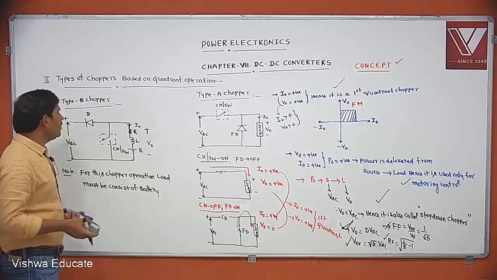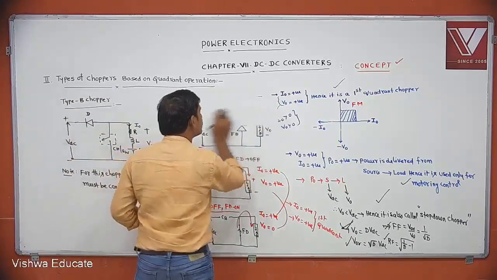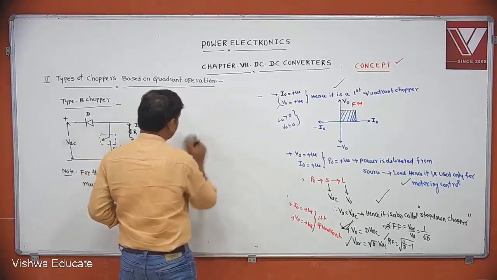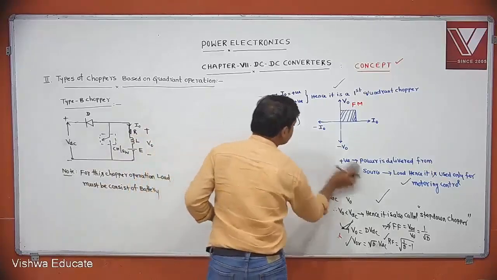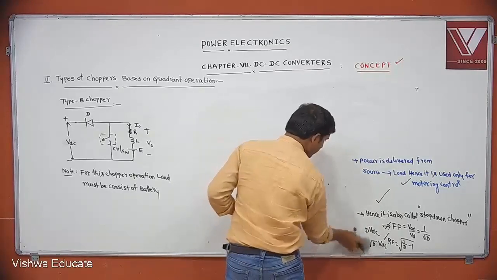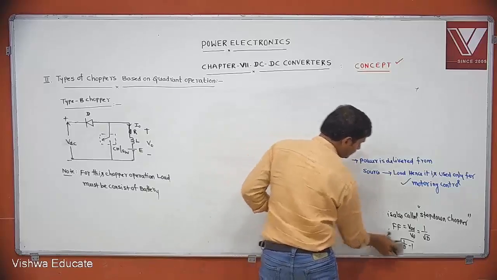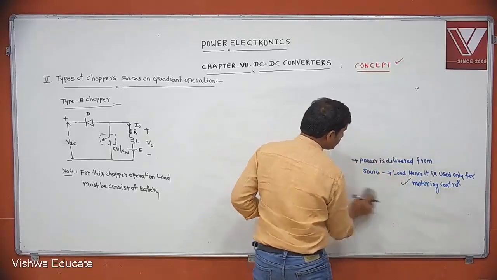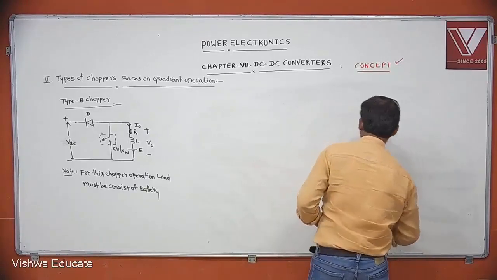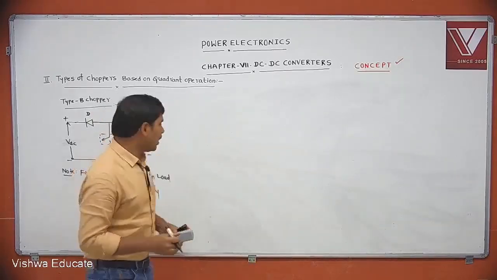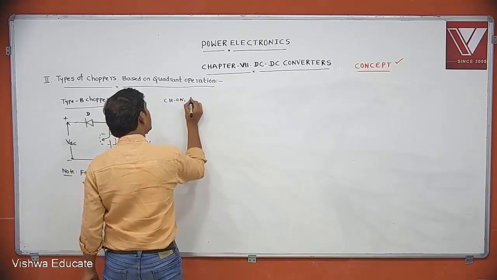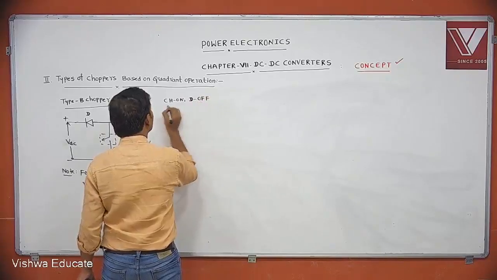One operation is nothing but one on and one off. That you will see. Chopper is on, and the diode is in the off state.